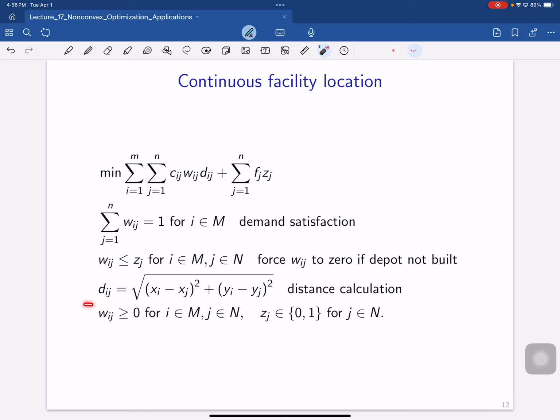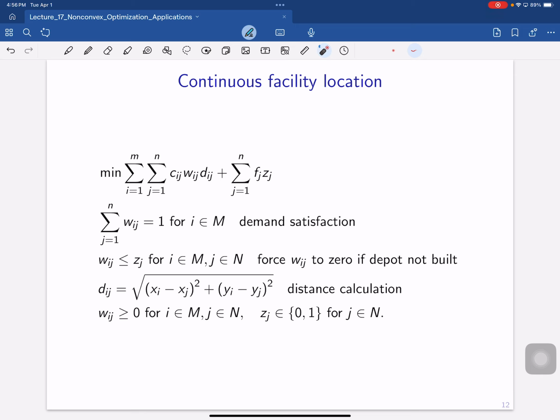And Dij is the distance calculation. If you want to ship some product from one location to another, the transportation cost will be proportional to the distance. So this is the distance between two locations. And wij is greater than or equal to 0, zj is a 0-1 variable.